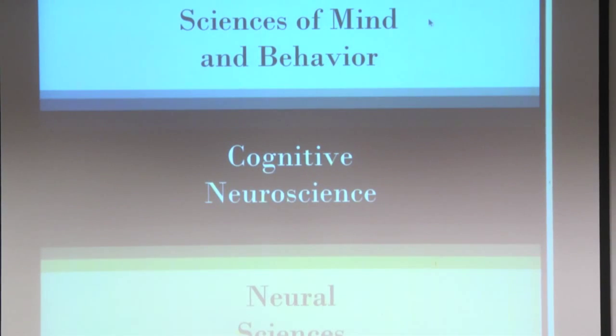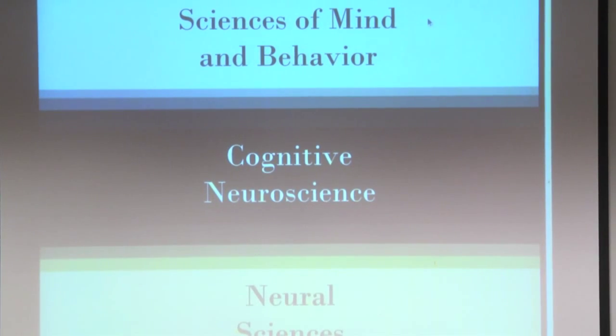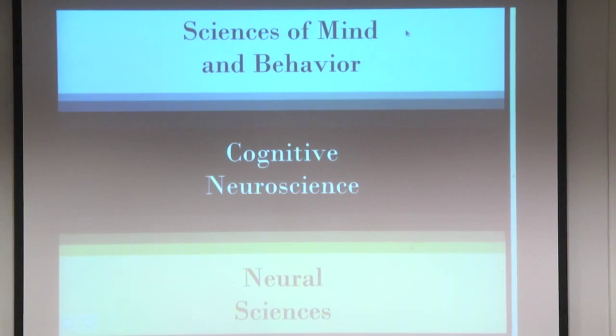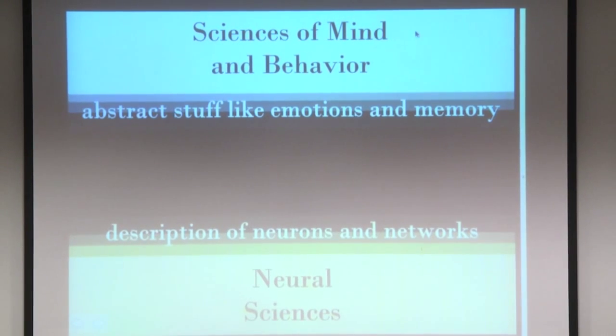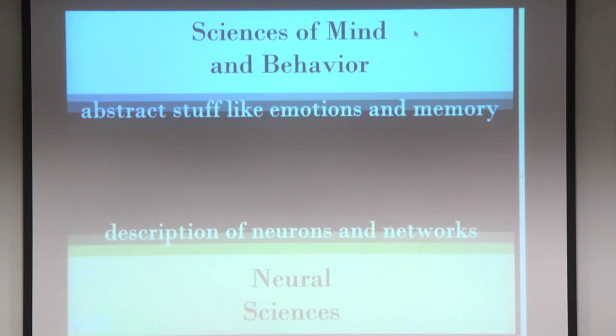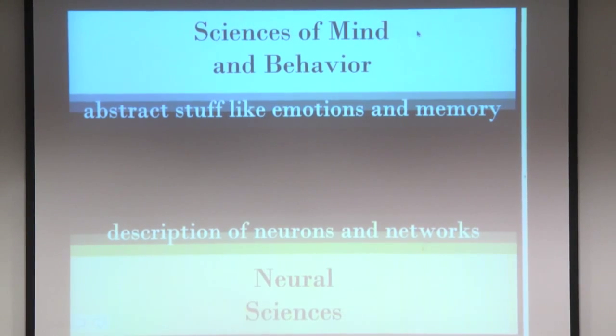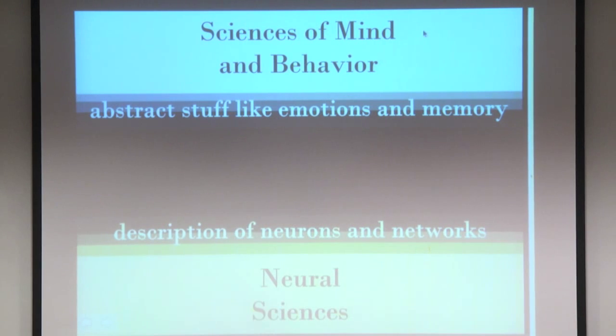It tries to bridge this gap between abstract concepts like emotions and memory and maps of neurons and descriptions from the neural sciences, so descriptions of how neurons work individually and how they interact together through their dynamics.